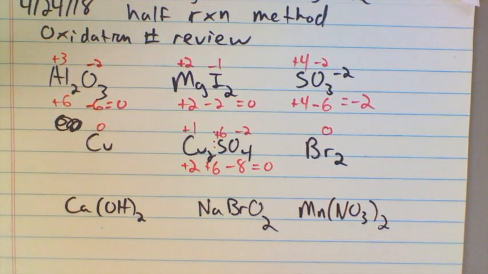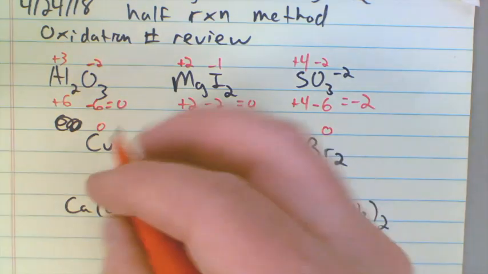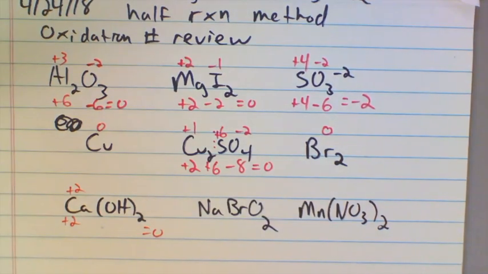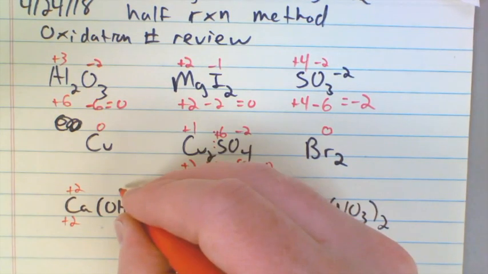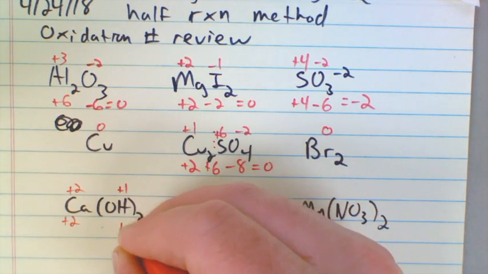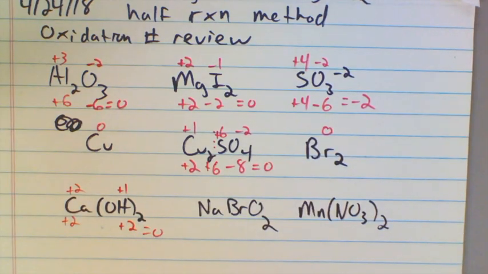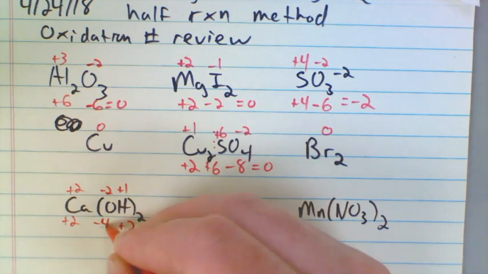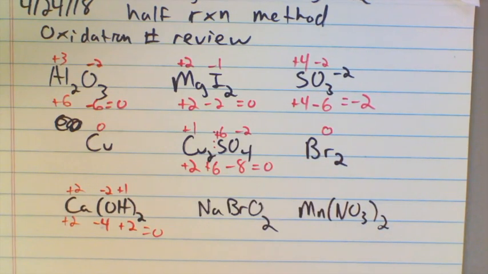Okay. This one here, what should we assign first? Calcium. What's that going to be? +2. What's next? Hydrogen. +1. So what's oxygen going to be? -2. Grand total of -4. All right.